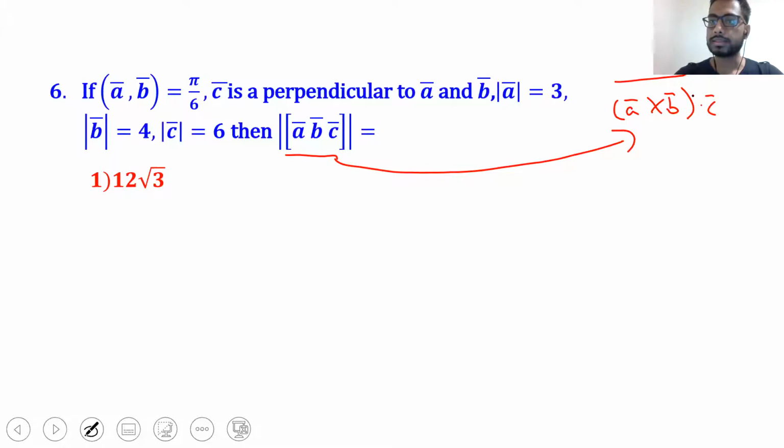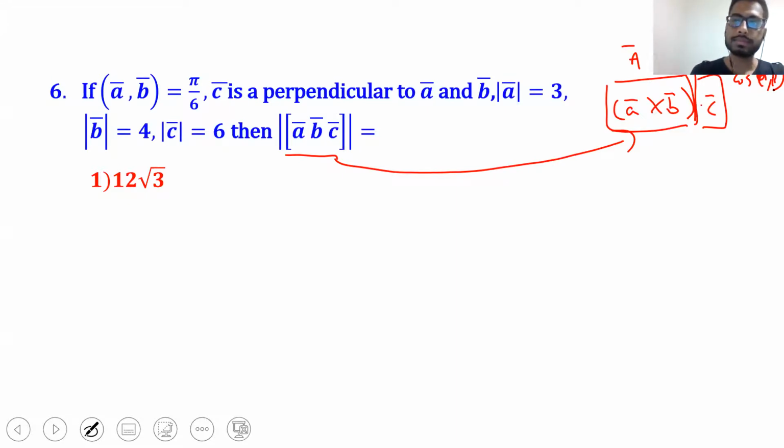Consider this as your A bar term and this as your B bar term. There is dot product between these two terms, A bar dot B bar, and formula for A bar dot B bar is magnitude A, magnitude B into cos of theta, the angle between A and B.